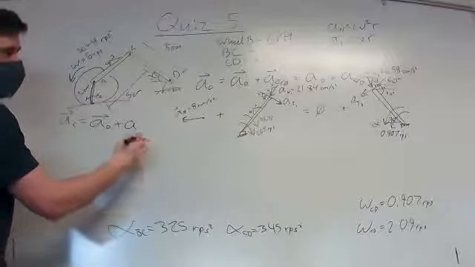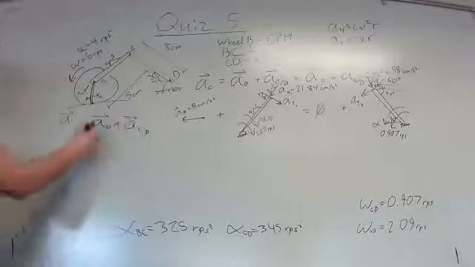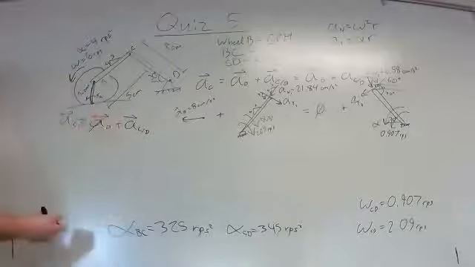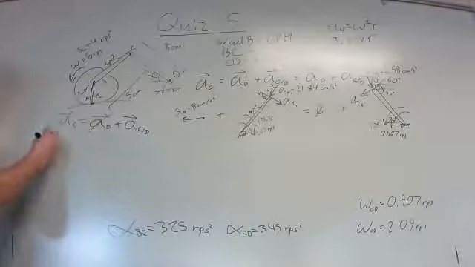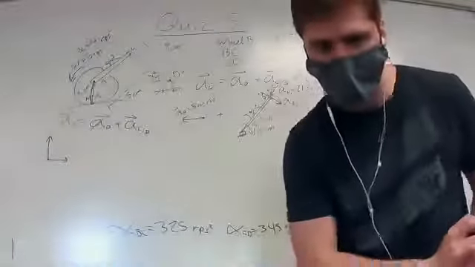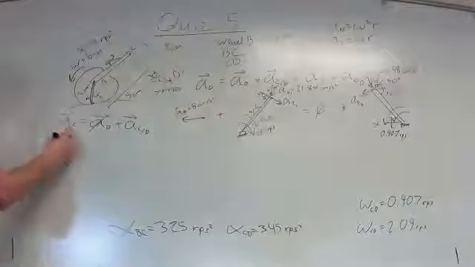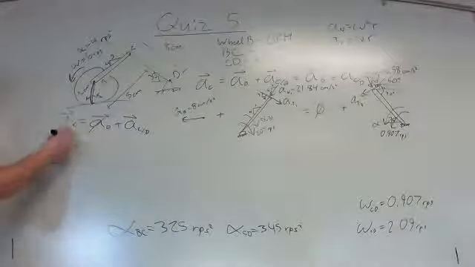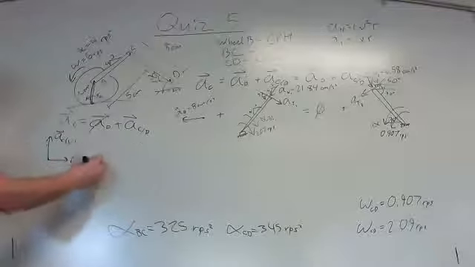Plus A_CD. We know this is 0, so I'm just going to do that. And then our diagram of A_C. The unknown pieces that we have of it will have A_C y component.